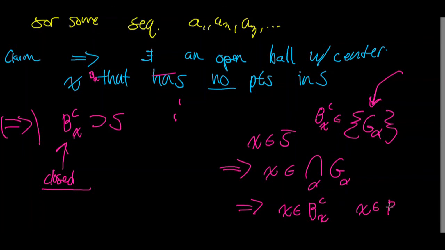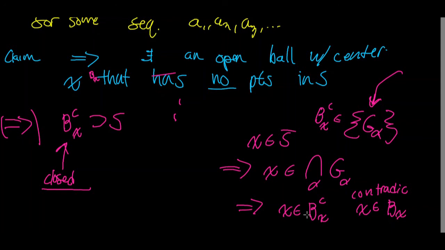X is in the open ball centered at x. I've just arrived at a contradiction. X can't possibly be in the complement of the open ball centered at x, because x is obviously in the open ball centered at x.